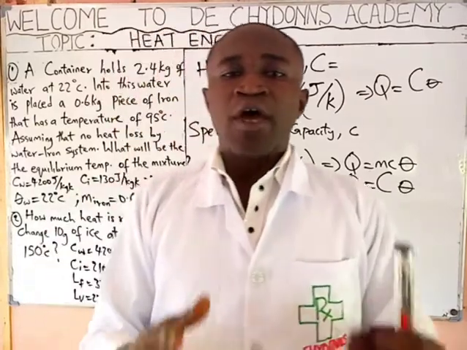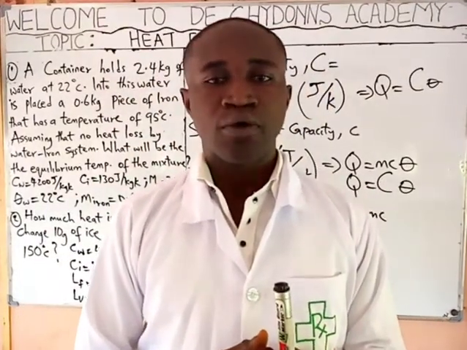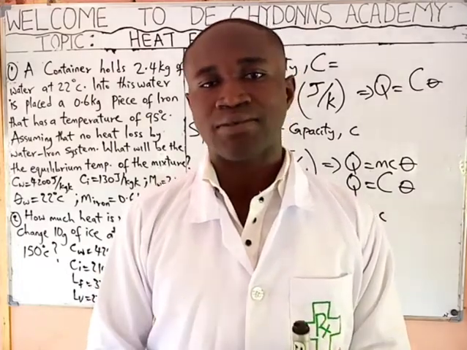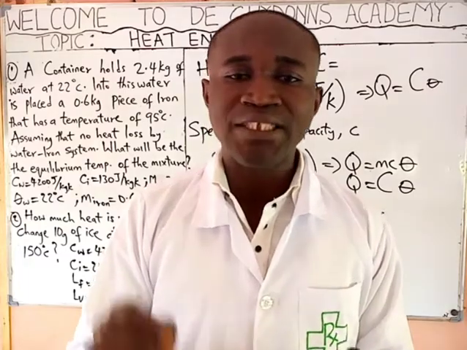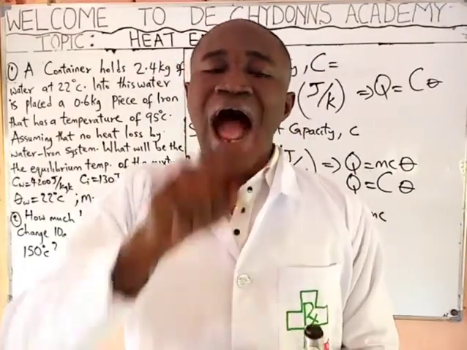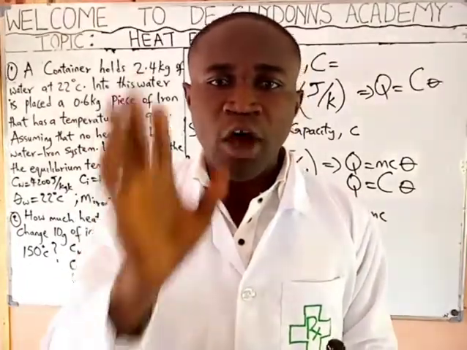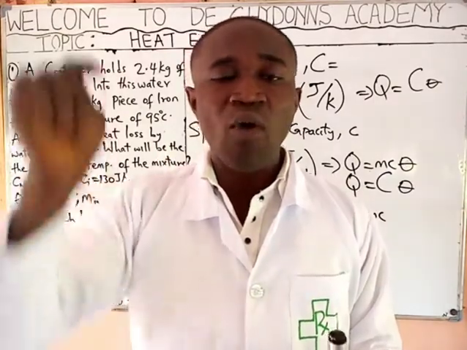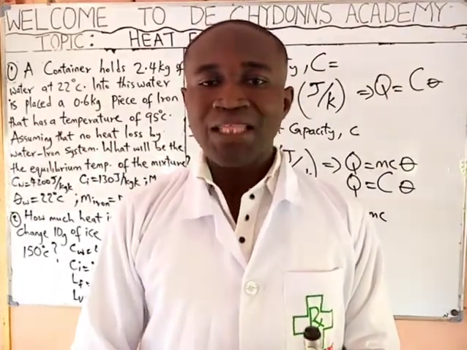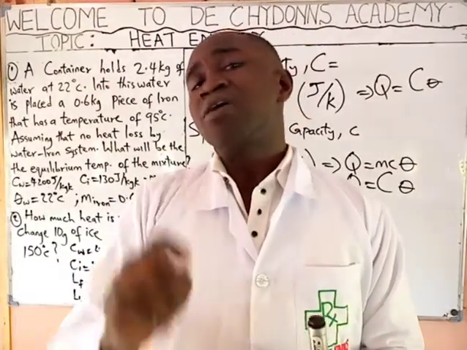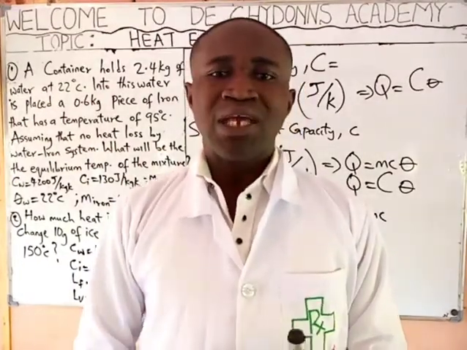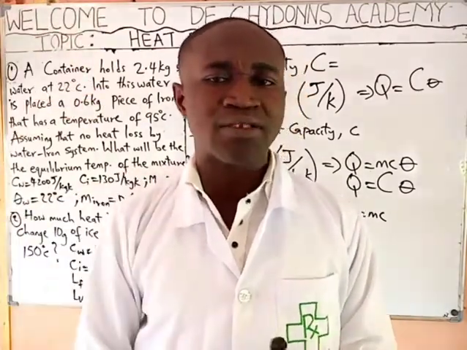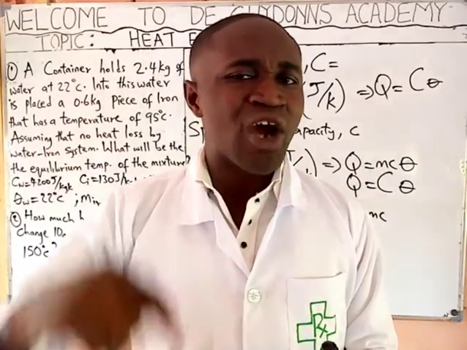Let's say we have pure water with us. For this pure water to start boiling or to be converted to gas, it must be at 100 degrees Celsius. That means at 100 degrees Celsius, which is the boiling point of pure water, latent heat of vaporization will act there. But when the water is not pure, the latent heat of vaporization will act at a temperature greater than 100 degrees.